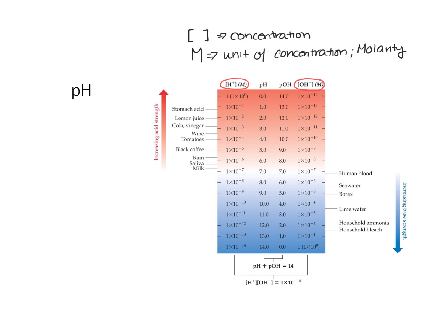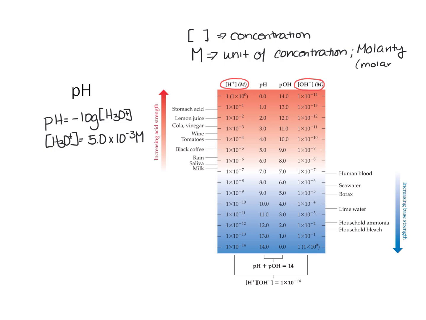That's the unit that we're going to use with concentration. So when we're trying to figure out the pH of something, pH equals the negative log of the concentration of H3O+. So for example, if our H3O+ concentration was 5 times 10 to the negative 3 molarity, or sometimes that's called molar.